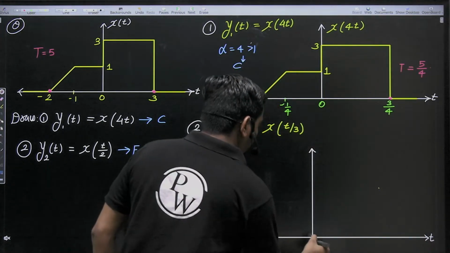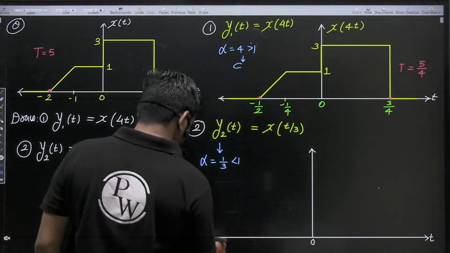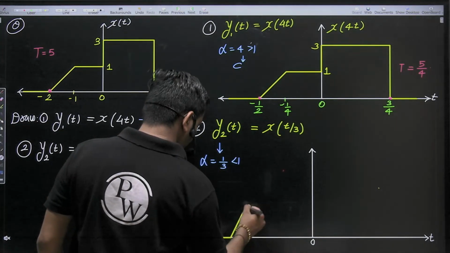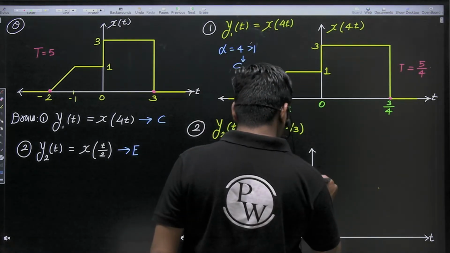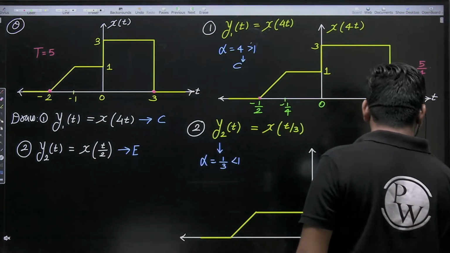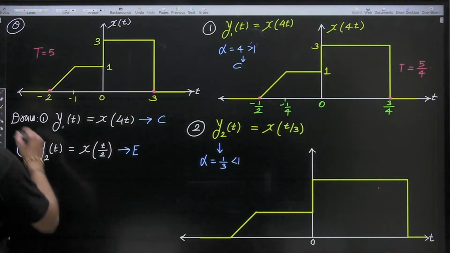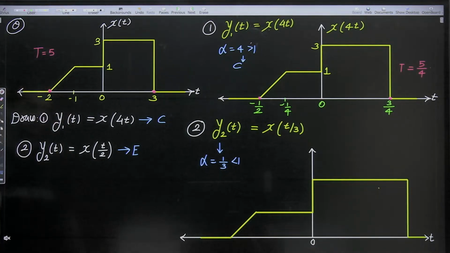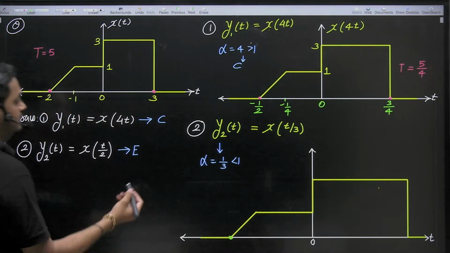Okay. This is the signal expansion, guys. Expansion occurs only when you multiply by 3, guys.